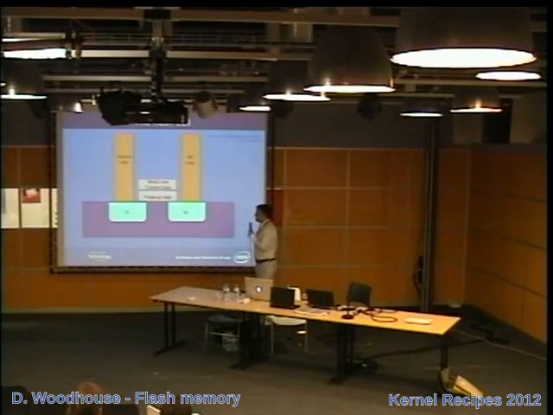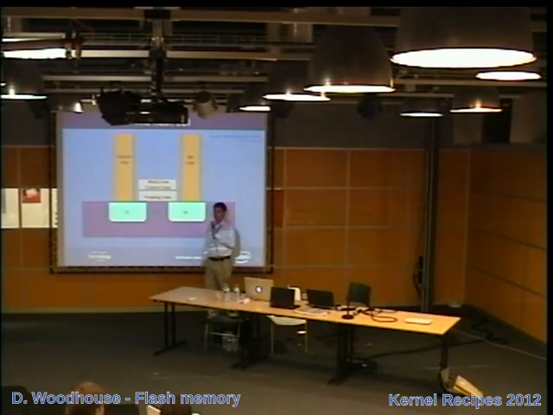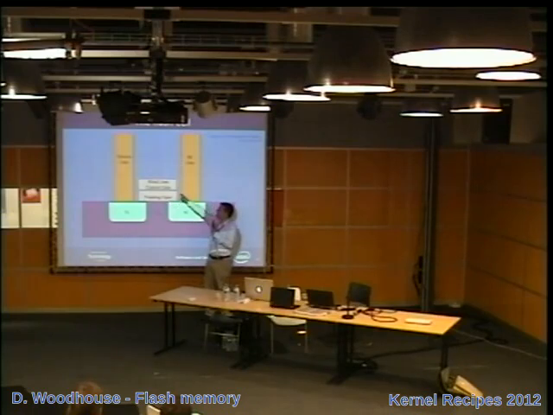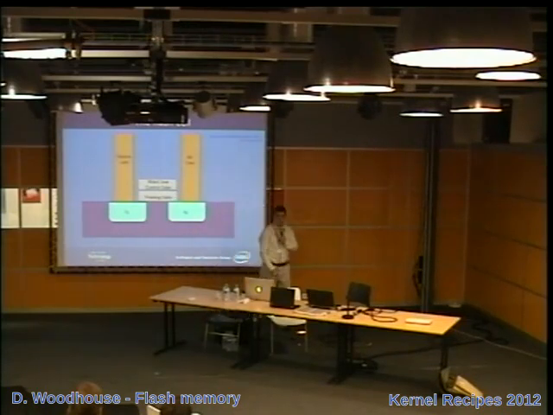So basically, the difference between a flash cell that is programmed to 1 and a flash cell that is programmed to 0 is the presence of electrons in this gate. And so the voltage you have to put onto the control gate to allow current to flow varies, and that's how you read the contents of the flash.